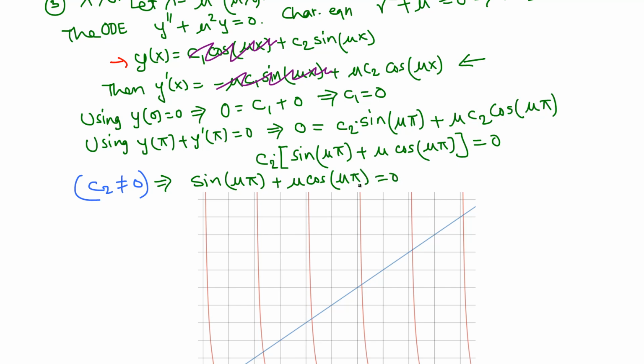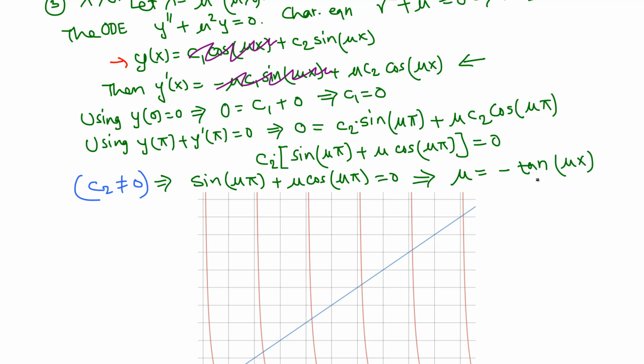This is called the determinantal equation, because from this we can determine μ. Let's move sine to the other side with a negative sign, and divide by cosine. So this implies μ = -sine divided by cosine, meaning -tan(μπ).